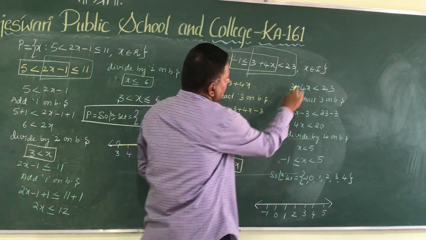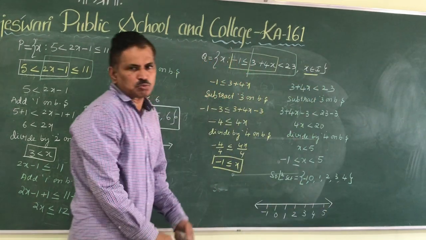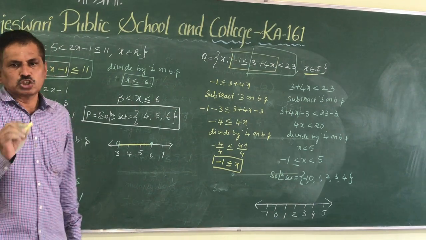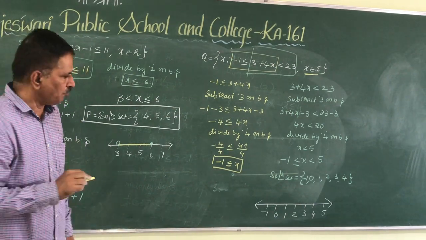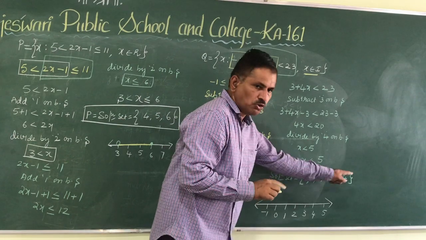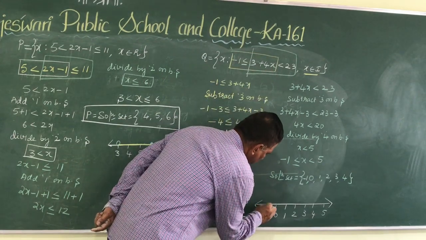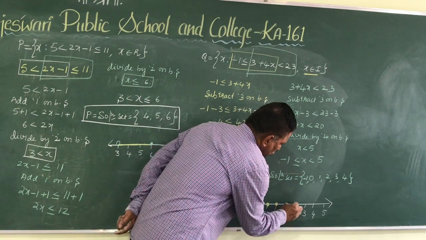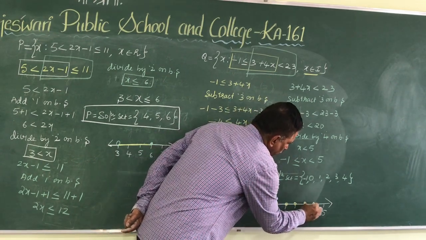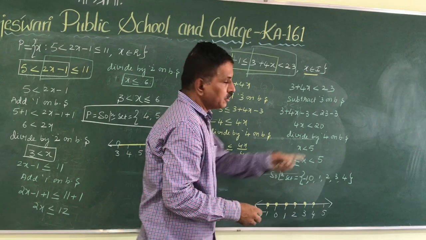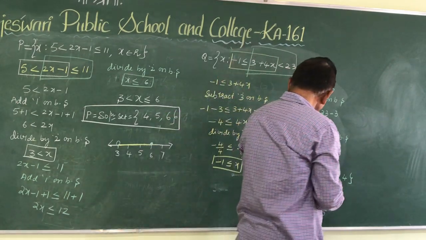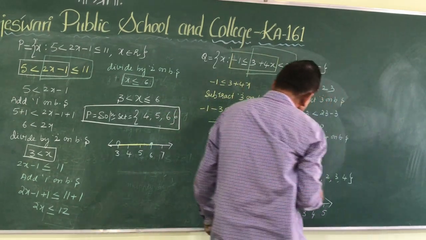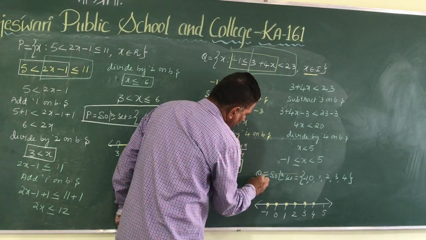Remember, it is an integer. Integer means what? You have to put the solid circle on the number line. From where to where? From minus 1 to 4. So minus 1, 0, 1, 2, 3, 4. So therefore, I will get this is nothing but q.